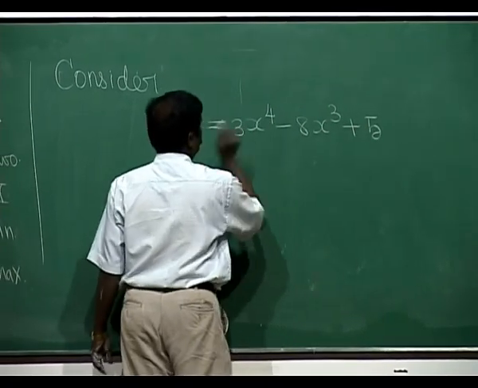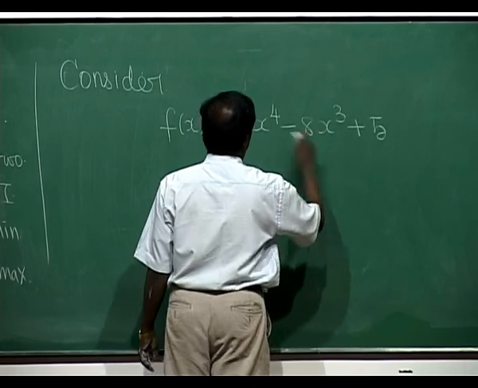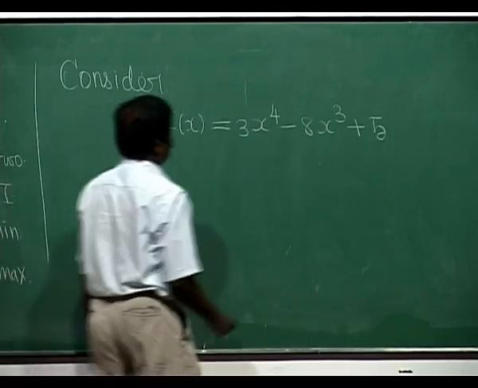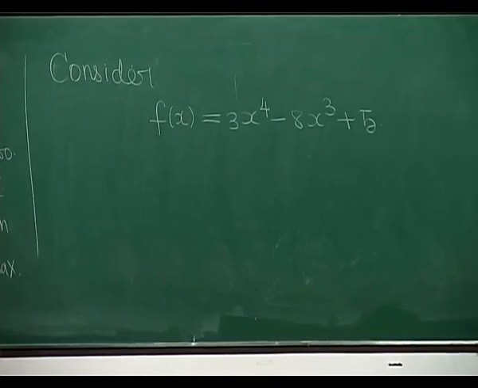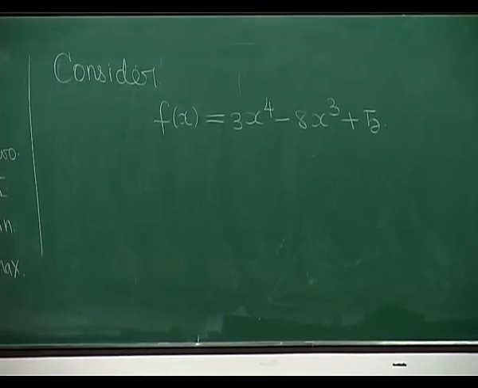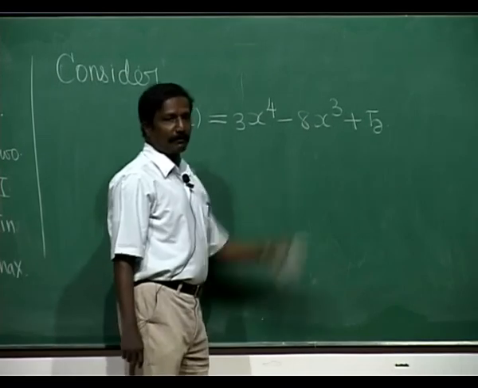I think this should be 3. 12, 24, yes. Now we are going to work this problem, step by step, doing all the things to do. This function is differentiable as a polynomial function.